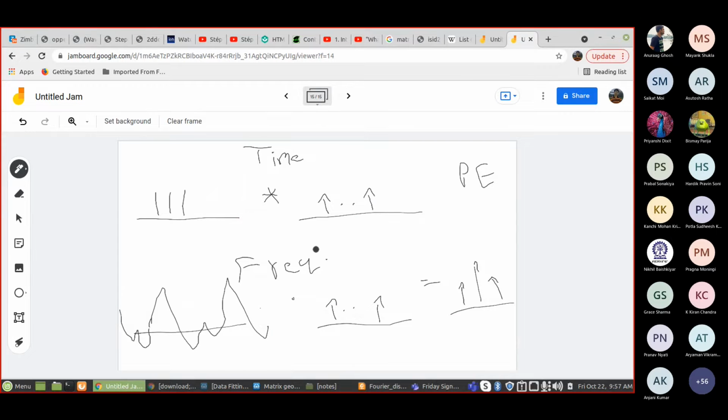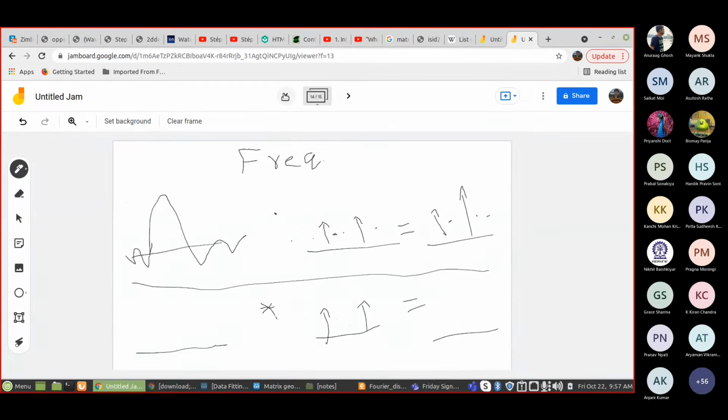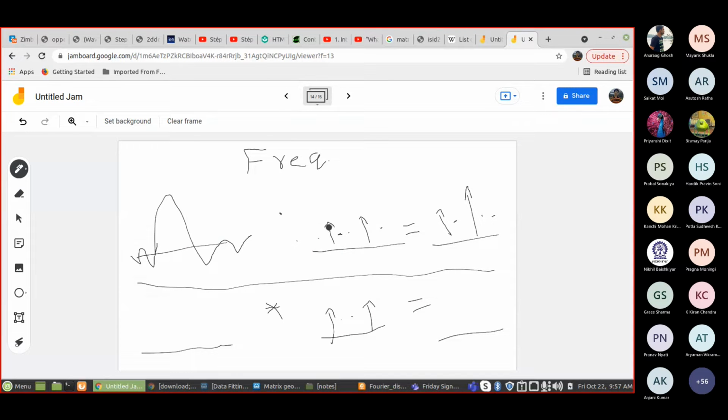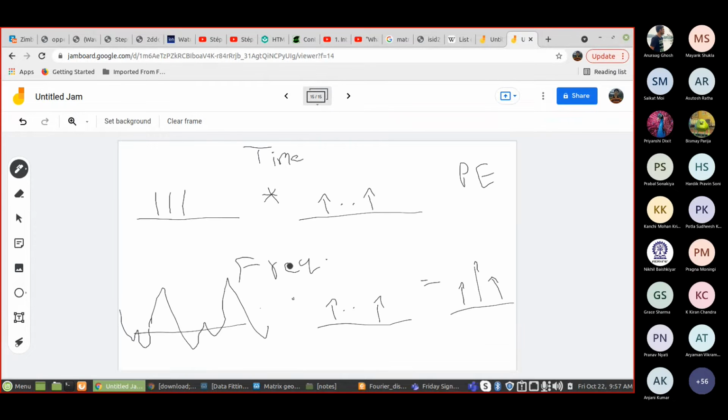So the only reason for calling this informal is yes, continuous time Dirac delta and discrete time Kronecker delta, they are not the same. But yes, you can get around that singularity. Okay. So this is an informal way to sort of relate these four transforms. Okay. So any questions on that?